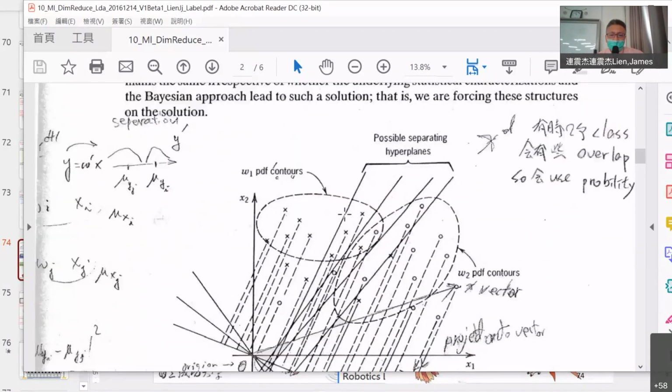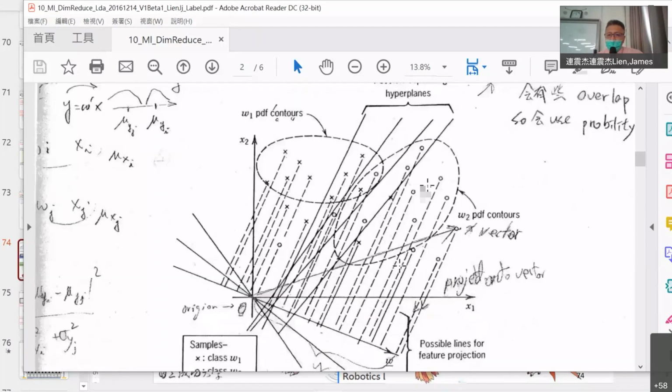Our purpose is right here. We have a cluster of cross marks and circles. How can we find a line in order to separate both clusters? That's discrimination. Our purpose is to find a line that can separate 2 classes or 3 classes.